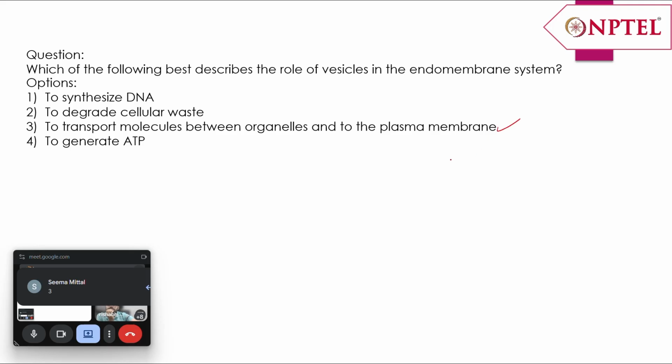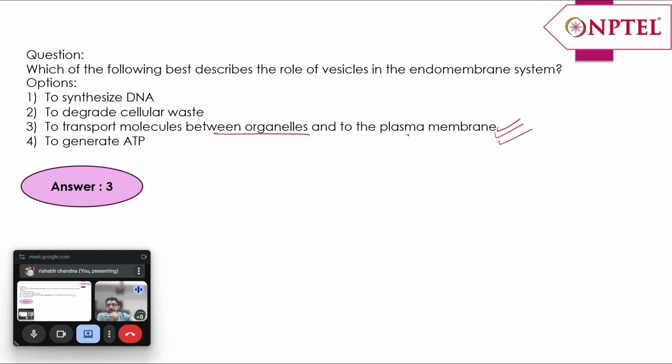Okay, any other answer? Yes, the correct answer is option 3. That means they help in transporting molecules between organelles and to the plasma membrane. Okay, so any doubts in this particular question?